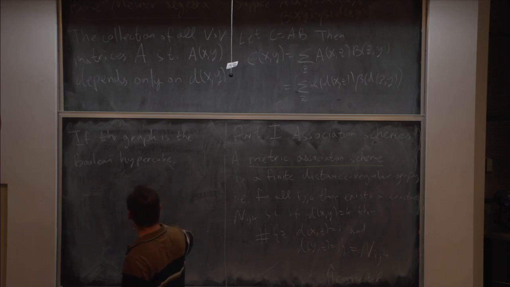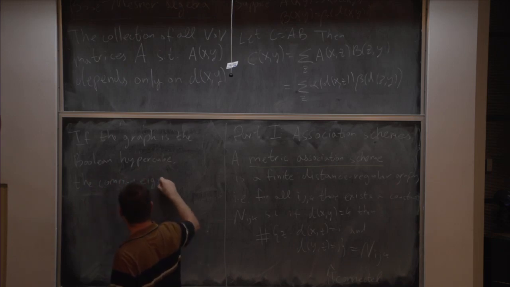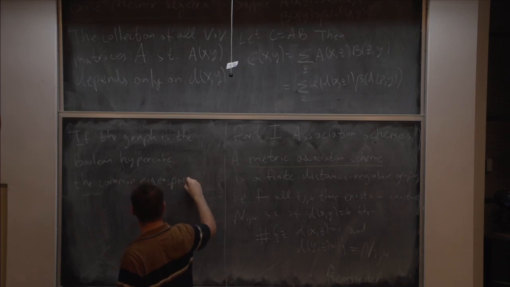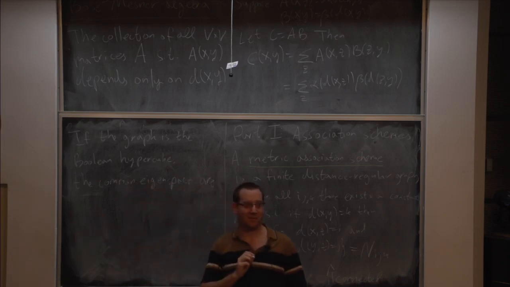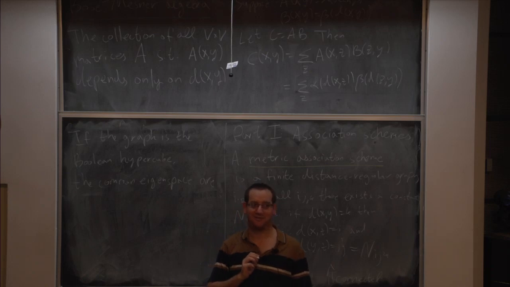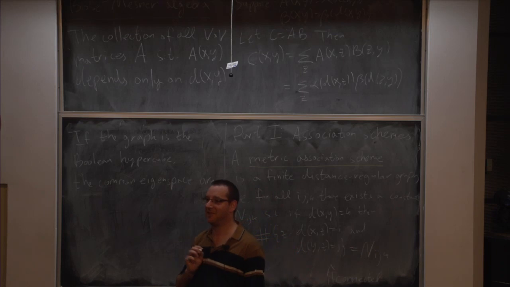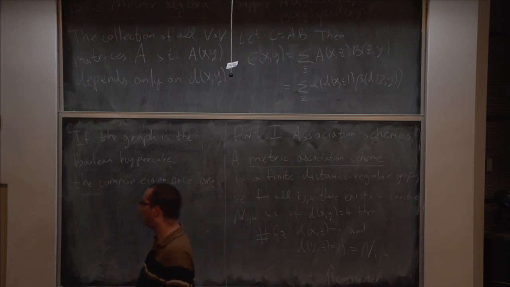Okay, so if the graph is the Boolean hypercube, then what are the common eigenspaces? Maybe somebody wants to guess. There are n plus 1 eigenspaces, indexed by the degree d.